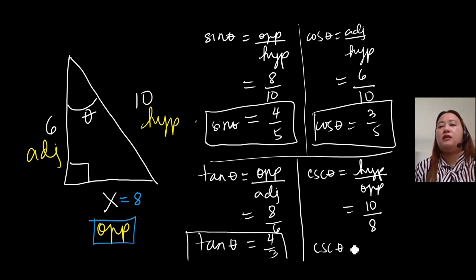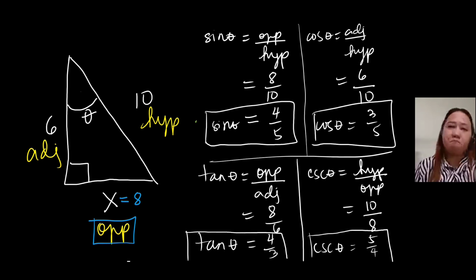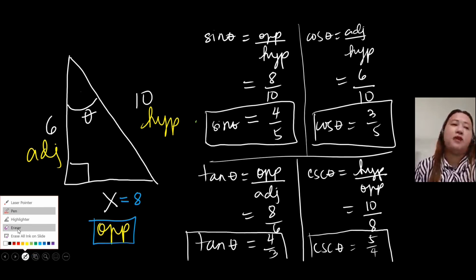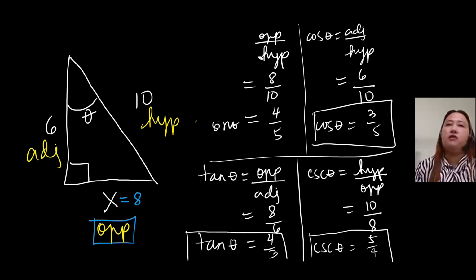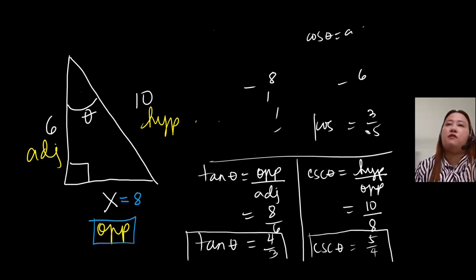So cosecant theta is 5/4. Next, I'll erase the writings on the right so that we can have the other two reciprocal functions.